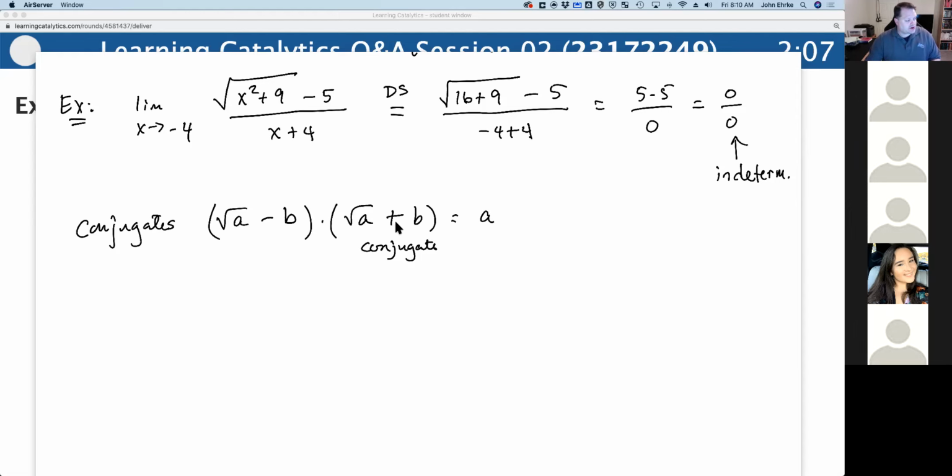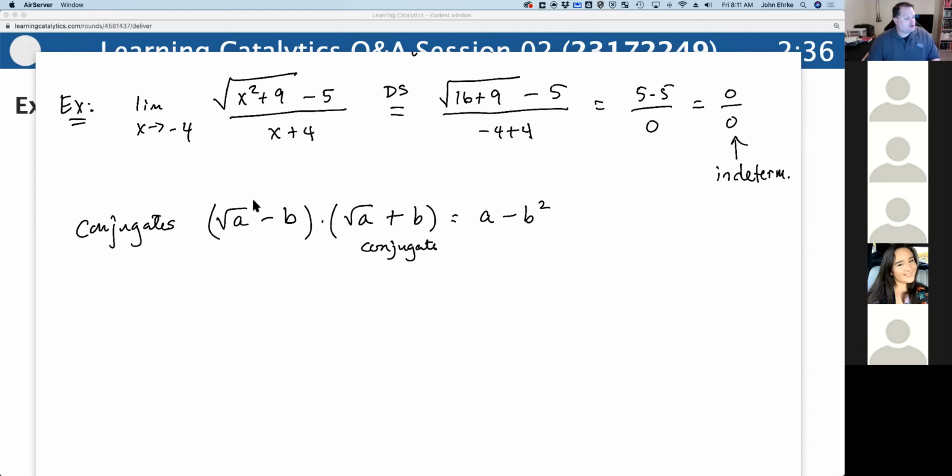This is a difference of squares, so the inside term and the outside term cancel, and then you get the last term, which is minus b squared, so you get a minus b squared. Basically, the way to remember this rule is if you multiply something by its conjugate, you square the first term, you square the last term and you subtract the two.